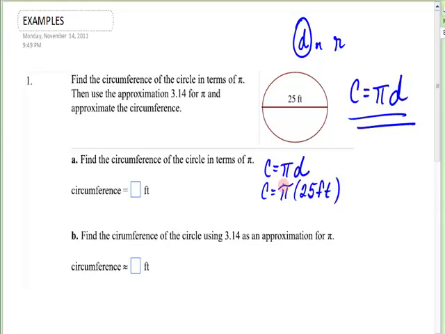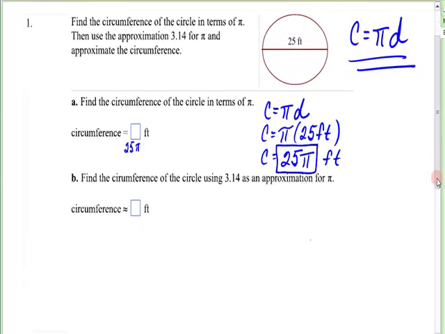Since pi is a letter, it is customary to write the number to the left of it. So 25 pi feet, and this is the circumference. You will find the pi symbol in your tool palette. So you're going to type into this box 25, and then you'll click on the pi symbol.